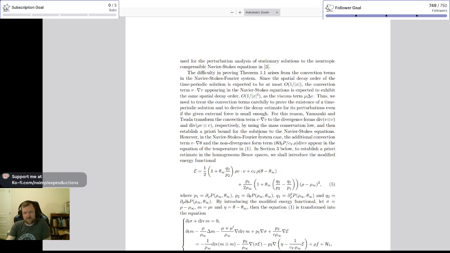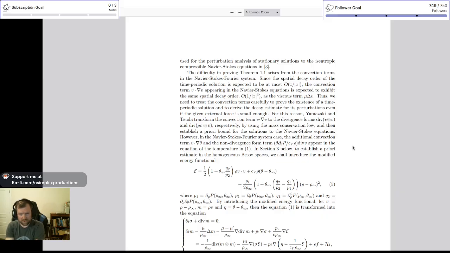However, in the Navier-Stokes-Fourier systems case, the additional convection term V dotted with the gradient of theta, and the non-divergence term theta times the partial with respect to theta of p over c sub v rho times the divergence of V appear in the equation of the temperature in equation 1.